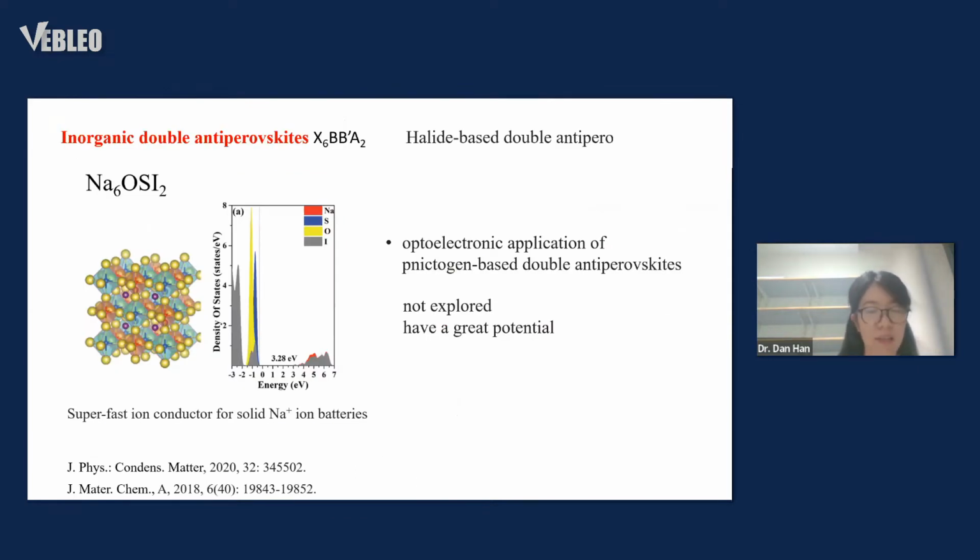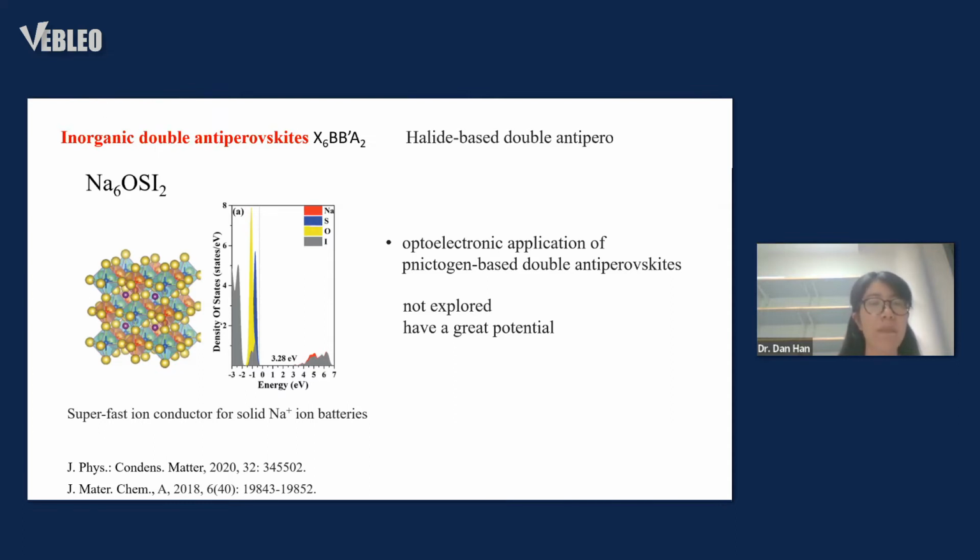We notice that there is only one inorganic double antiperovskite that has been experimentally synthesized and investigated as a superfast ion conductor for solid sodium-ion batteries. For other pnictogen-based double antiperovskites, their optoelectronic applications haven't been explored. As shown by the single antiperovskite, double antiperovskite may also deserve great attention as photovoltaics.